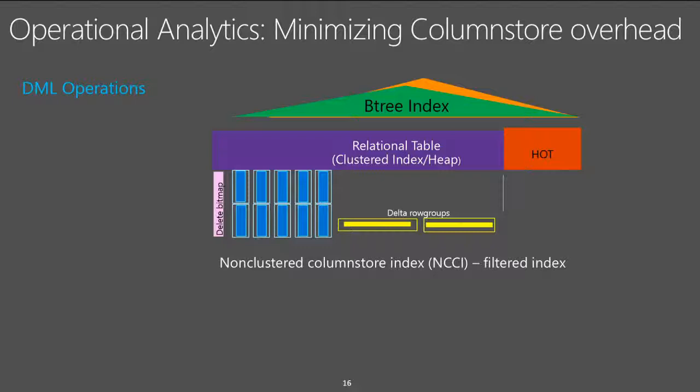If I had a table and I said this data is hot for me and this is cold, I'm going to create the column store index only on the cold data. Now, hot data by definition means the data that is being pounded on in my operational workload, right? Now, if there is no column store index on that data, I'm paying zero cost for that. That means by doing this, I'm not paying any cost for my hot data, so my operational workload is not impacted. The data that is not so hot, yes, there'll be some additional cost, but that is not so hot data, I don't care, right?